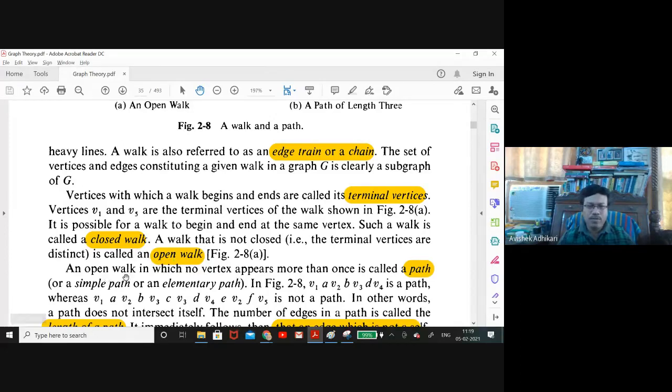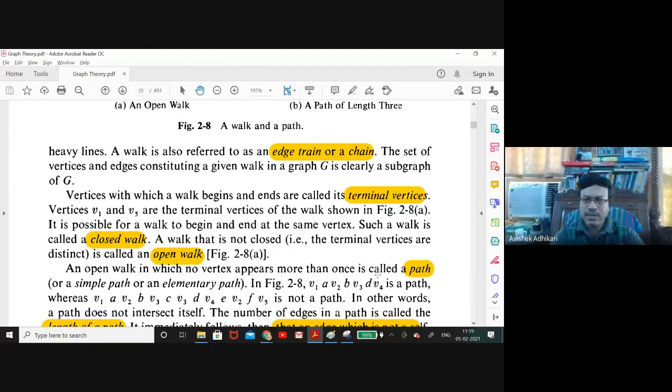An open walk in which no vertex appears more than once is called a path, or a simple path, or an elementary path. It's mostly with this name, path, that it is more common to all of us. It is a walk or a trail in which no vertex repeats more than once, that means all the vertices must be distinct.